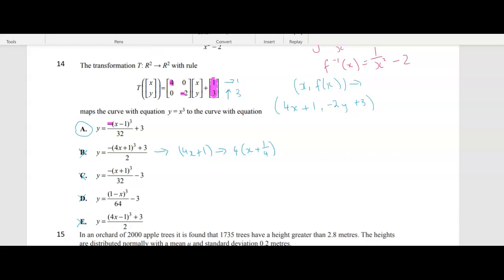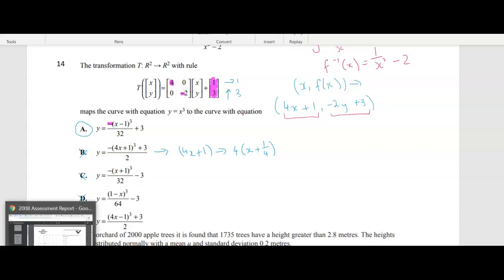What you could also do, if you didn't have that sort of understanding of transformations, or you couldn't narrow it down, remember you have changed x and y to 4x plus 1 and negative 2y plus 3.